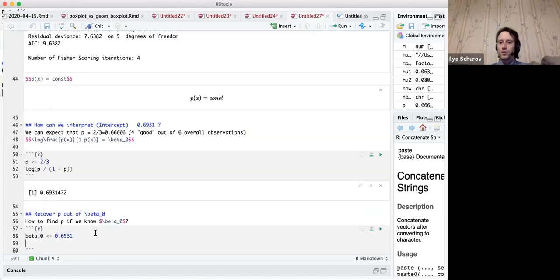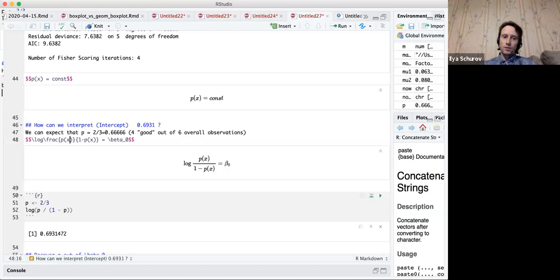So, any ideas how to do it? So we have this relation. And this relation allows me to find beta naught if I know p easily using these logarithms. But I want it in the opposite direction.